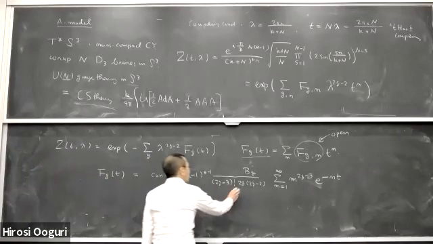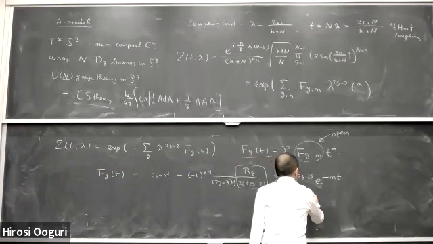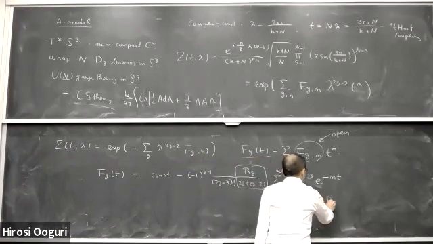For example, this combination Bg is a Bernoulli number.